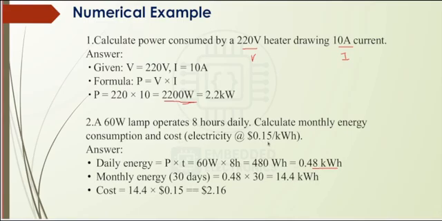We need to find the cost, right? Per kilowatt hour cost is 0.15. For 1 kilowatt hour, it costs 0.15, but 14.4 kilowatt hour consumes how much cost?